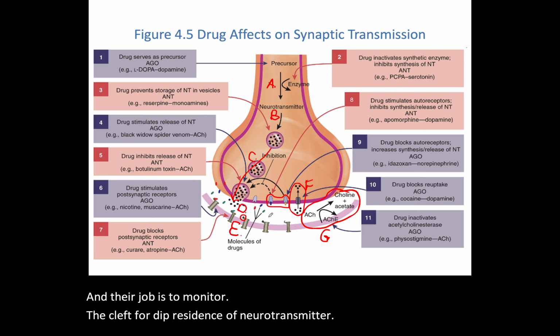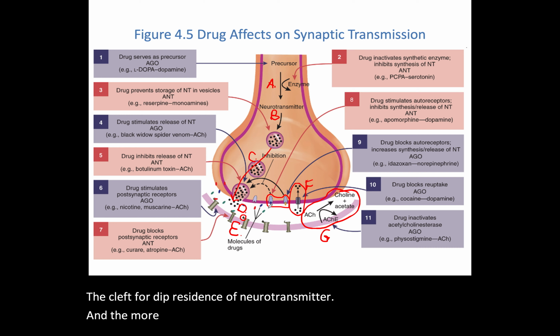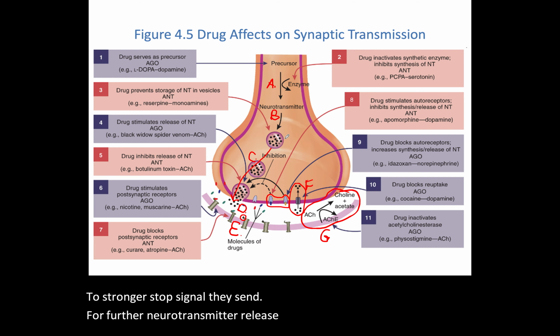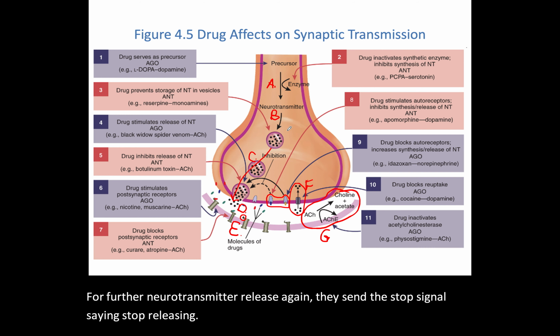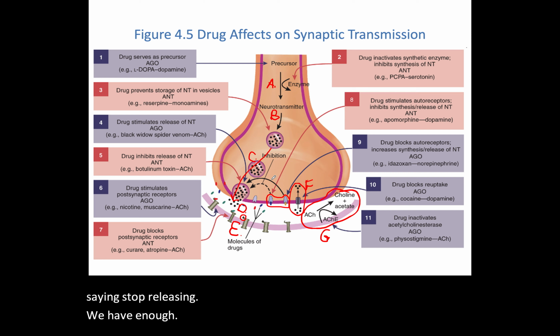And the more neurotransmitter the autoreceptors detect, the stronger the stop signal they send for further neurotransmitter release. Again, they send a stop signal saying, stop releasing. We have enough. And we'll call this H.